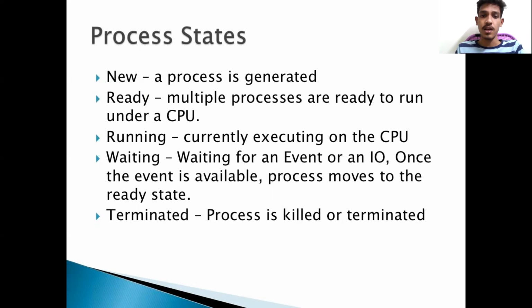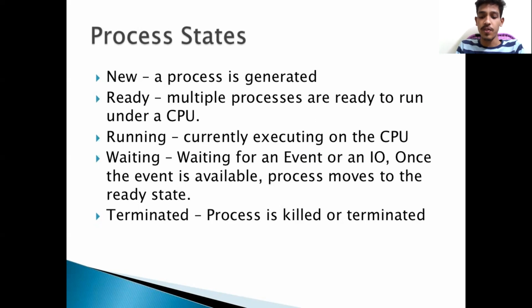Next, running state. Currently executing on a CPU. Running state is whenever the process got the CPU time to get executed, then it will be in the running stage. Next, waiting for an event or an IO.